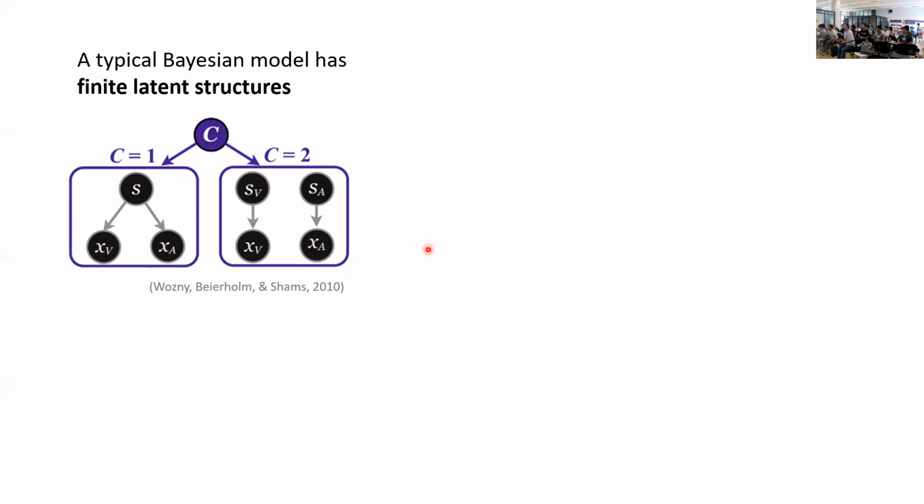And for most Bayesian models, it may look like this. So it has finite latent structures. Like in our example before, there was either one source or two sources, or as it goes with signal detection theory, it's either signal or noise. It's finite.